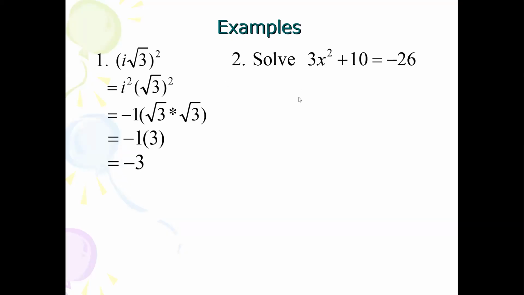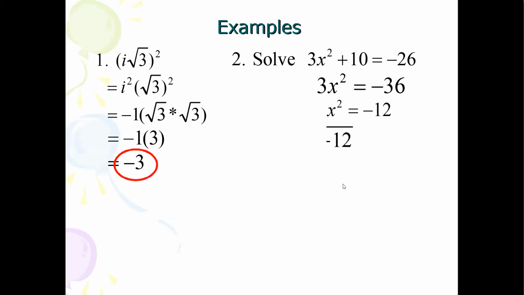Here is a situation that we were talking about earlier, where you have a quadratic and you might very well end up with a situation where you have to find the square root of a negative number, right? So you have to find the square root of -12. Well, we have a way now of evaluating that, right?